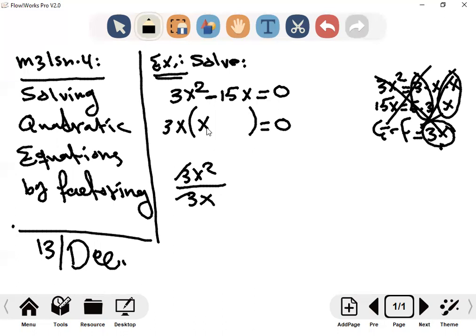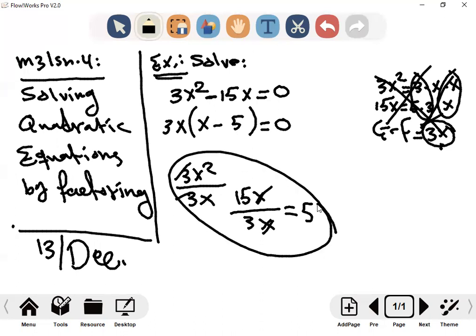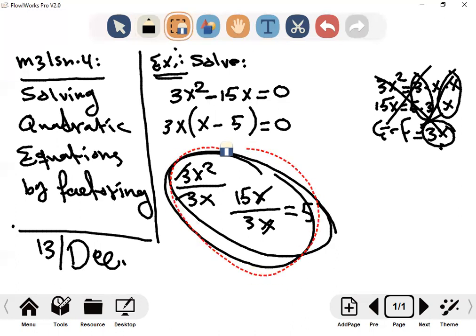So here, minus 15x over 3x: x with x cancels, and 15 over 3 is 5. Done, I don't need this in the solution.